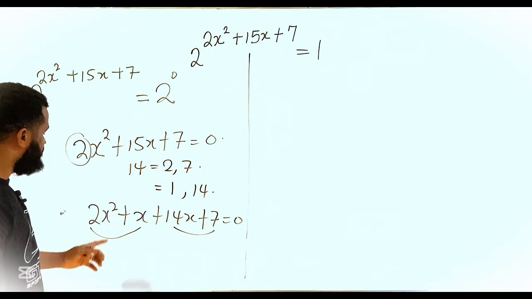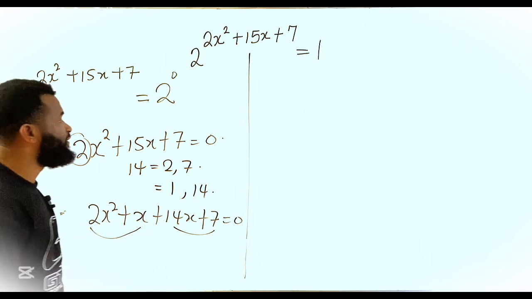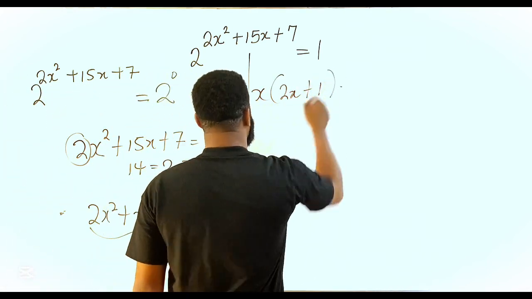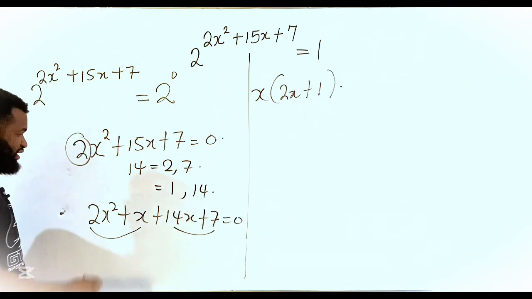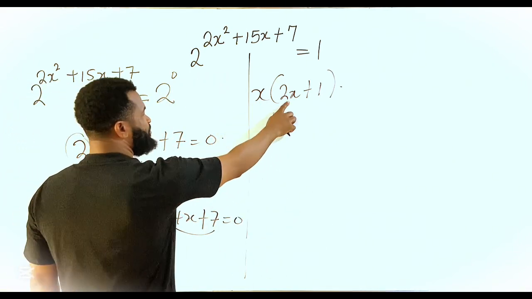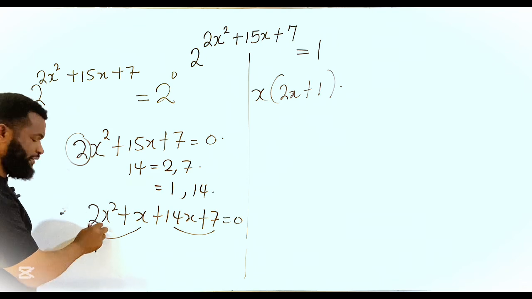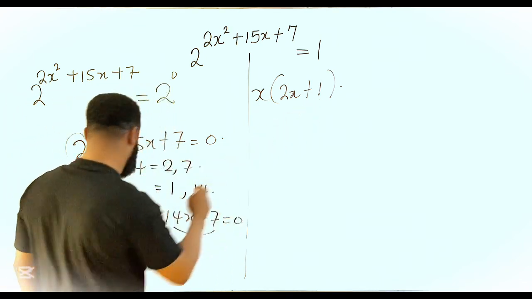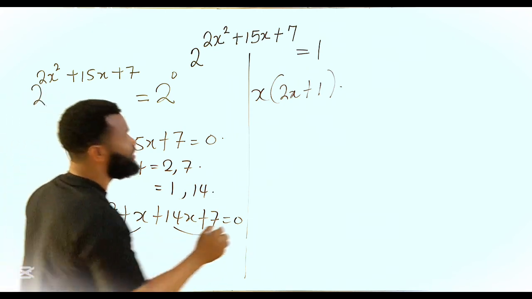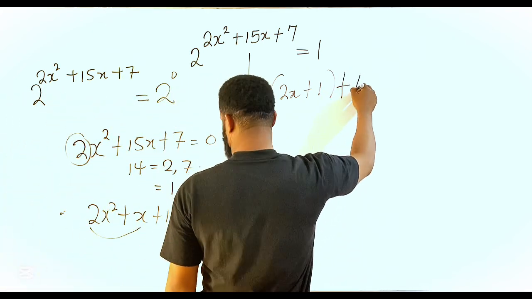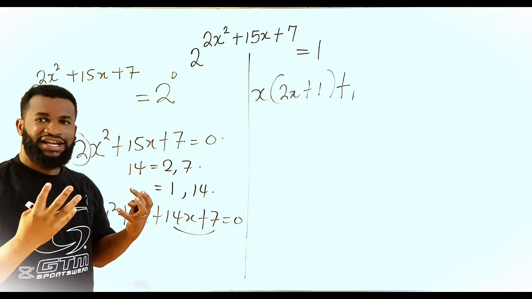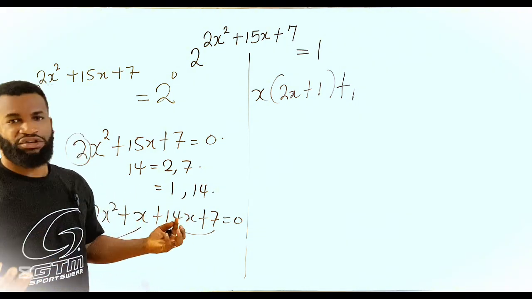All right, so let's go. I'm going to factor out the x. So I'm going to have x bracket 2x plus 1. Am I correct? Yes, that's fine. Because x times 2x is going to give me 2x squared, and then x times 1 is going to give me x. That is fine. So I'm going to put my plus. 7 and 14 have 7 in common.